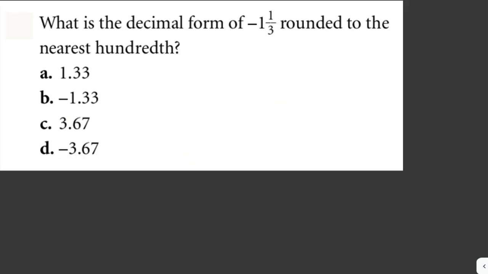What is the decimal form of -1 and 1/3 rounded to the nearest hundredth? Since we're given here a mixed fraction of -1 and 1/3, which is just equivalent to a whole number, which is -1, plus the fraction 1/3.